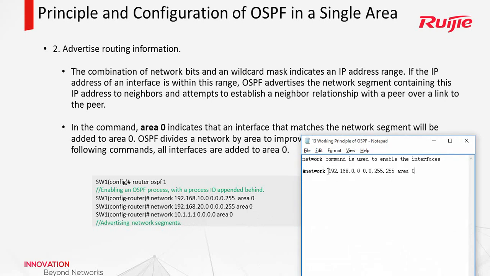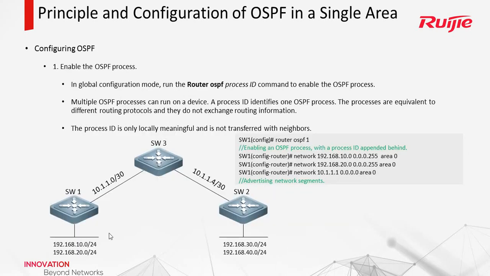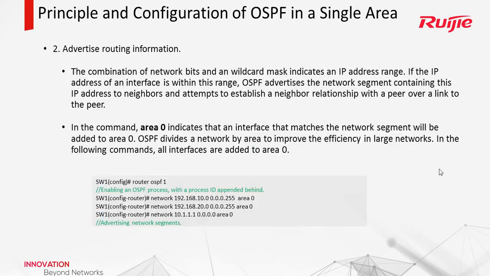If I network 192.168.0.0, we know this is a bigger network, and these 2 small networks belong to this bigger network. The answer is the network command is used to enable interfaces. If we use this command, both of these 2 networks will be enabled. It means these 2 interfaces will also run OSPF, with just one command.